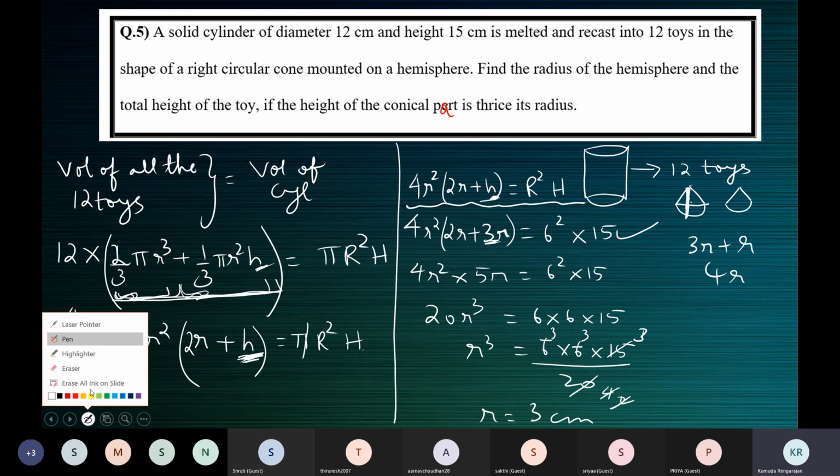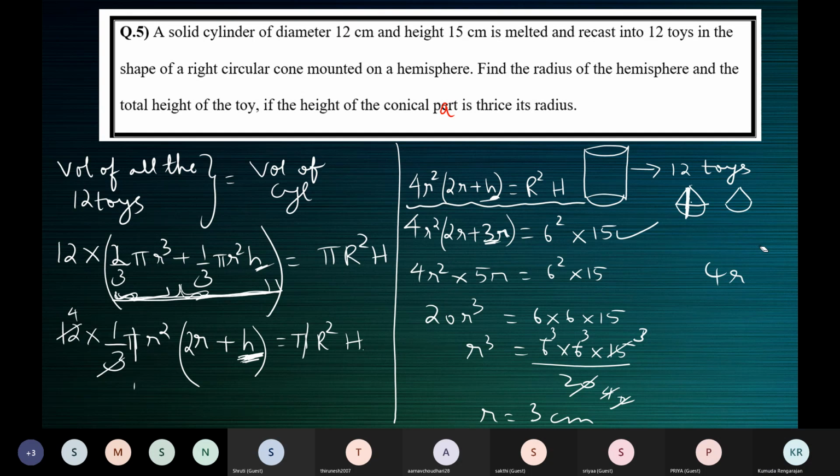Tell you again. Height of toy is equal to height of the cone plus the height of the hemisphere. Height of the cone is 3 times radius plus height of the hemisphere is radius.